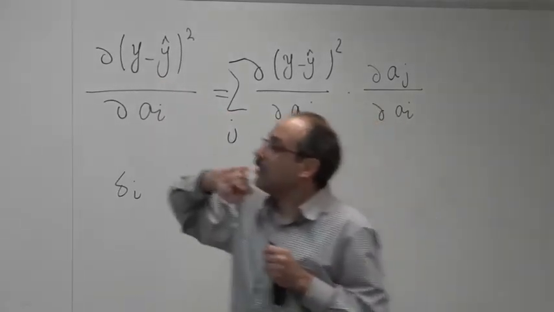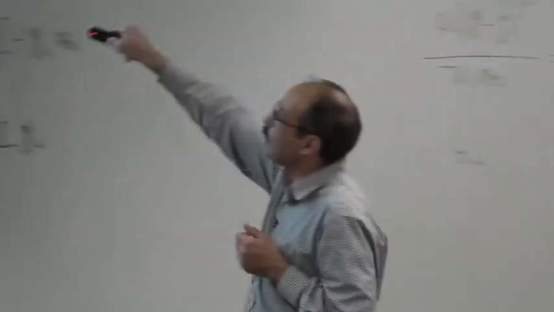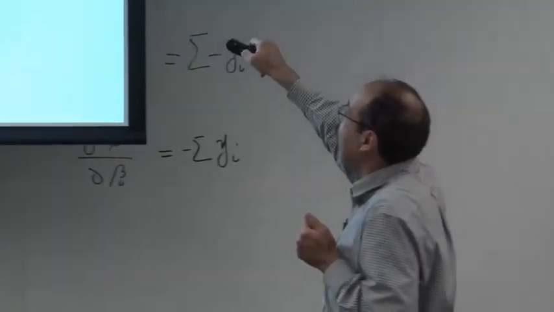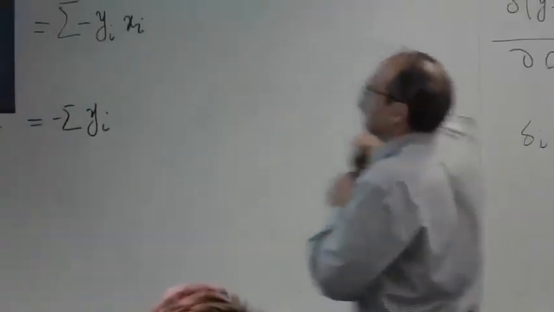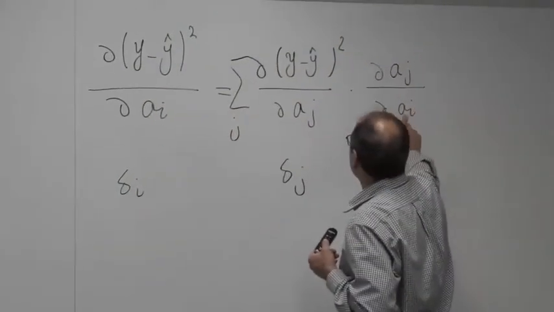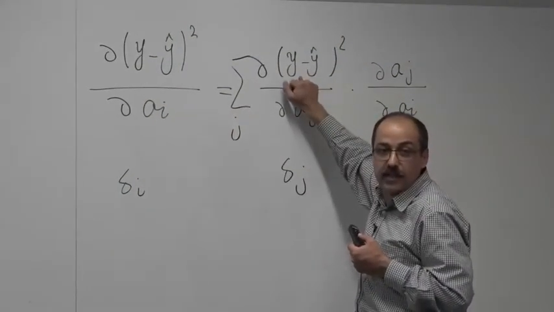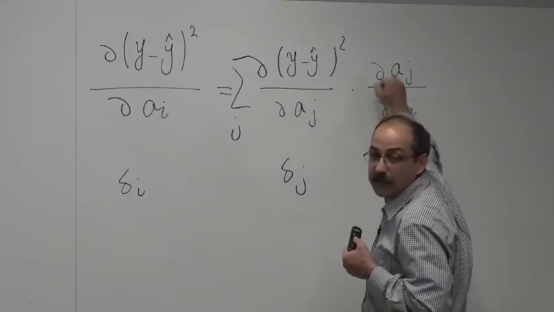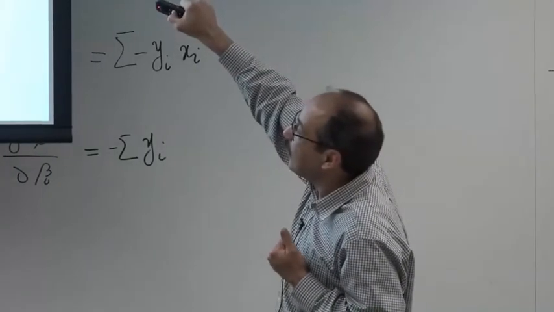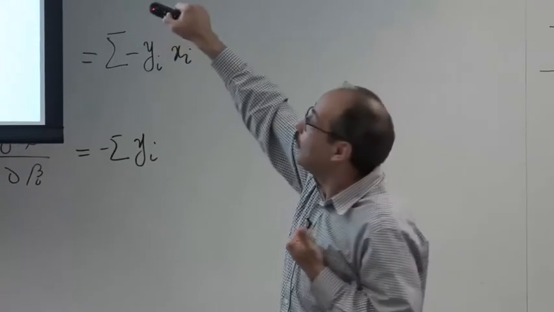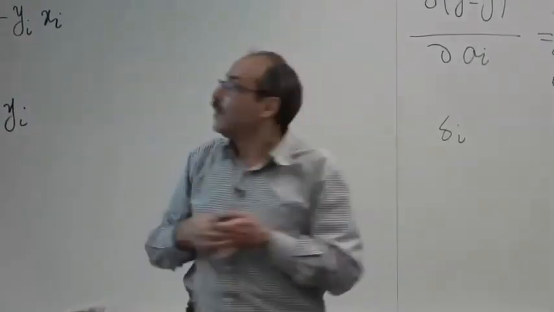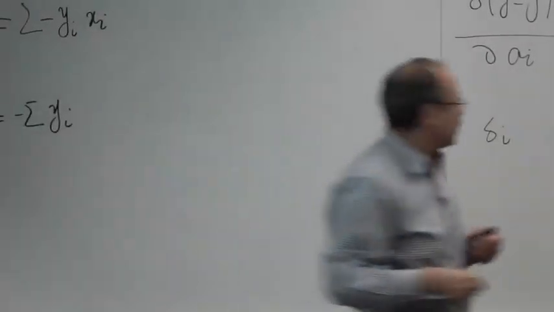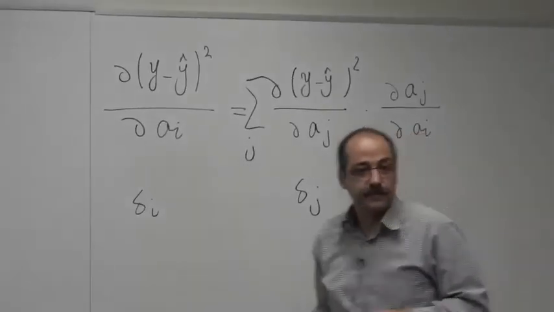And the chain rule tells me, okay, you want to know the effect of perturbing a_i on this. I will tell you that it can be written as: you perturb a_j to see how a_j changed the cost function, and then you perturb a_i and see how a_i changed a_j. But I have to perturb a_j to see the effect of a_j on a_i, and there are many of them. Any of these a_j, if I perturb them, are going to change this. So it's a summation over all of them, not only one.